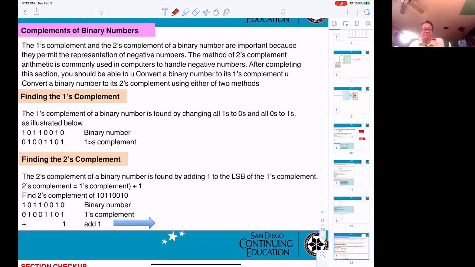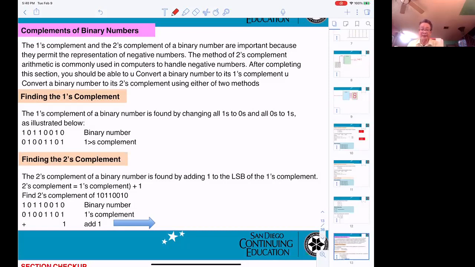Make sure you understand the reason: they need to deal with negative numbers. So the method of two's complement arithmetic is commonly used in a computer to handle negative numbers.